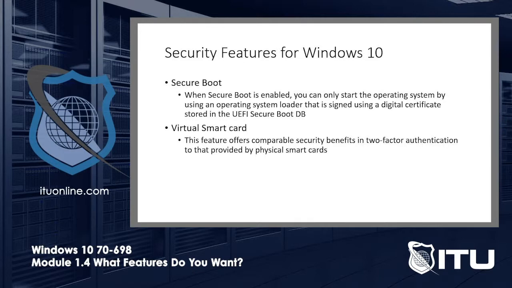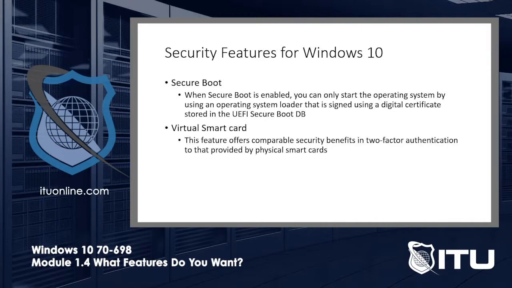There's also something called Secure Boot. Now, Secure Boot, when it's enabled, you can only start the operating system by using the operating system loader that's signed using a digital certificate stored in the UEFI Secure Boot Database.